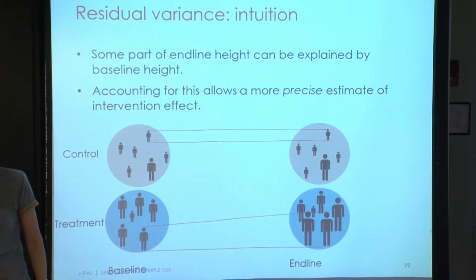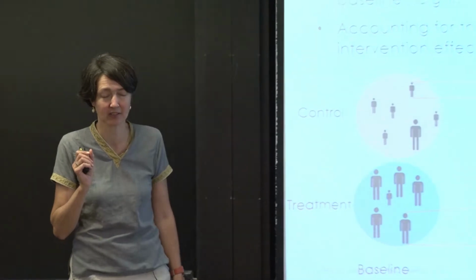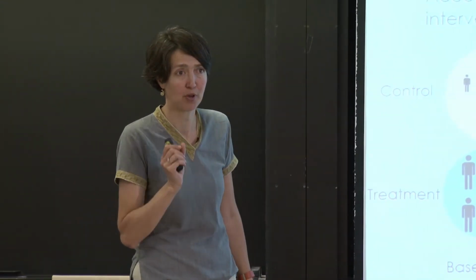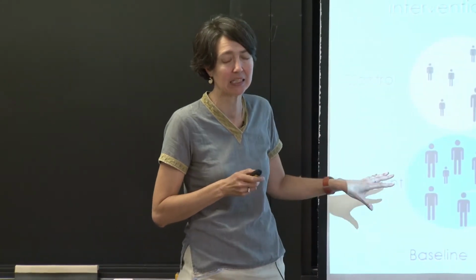David? Is that always going to solve a variance issue, to take the baseline data? It's going to improve the variance problem, because we're helping to explain some of the variance.